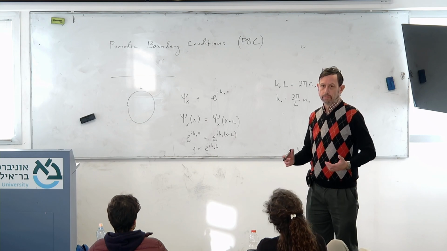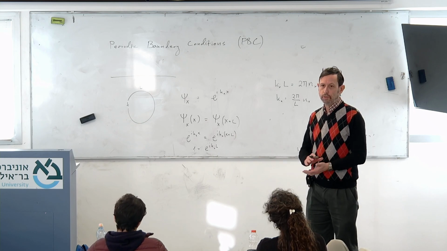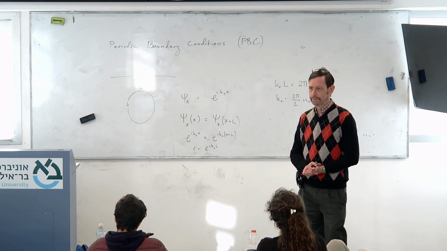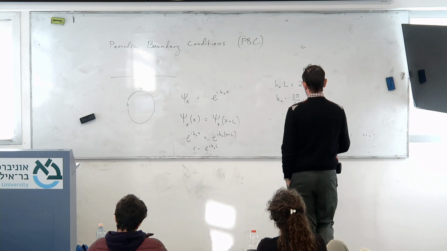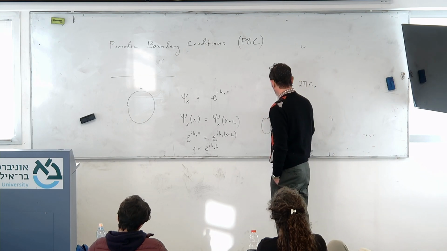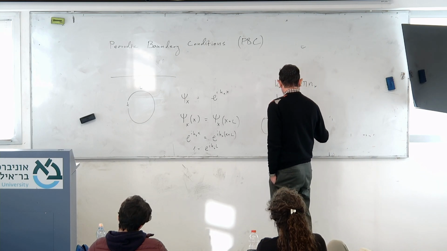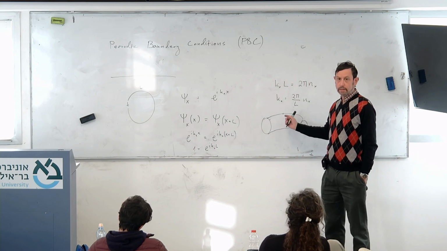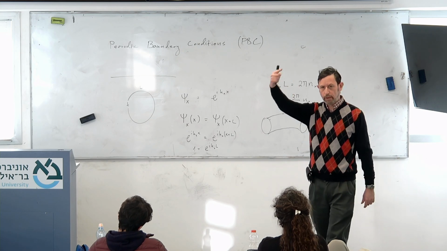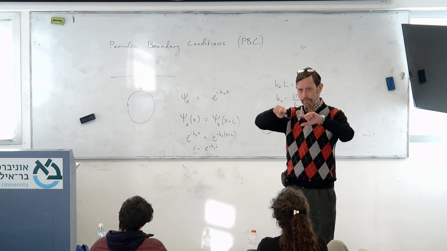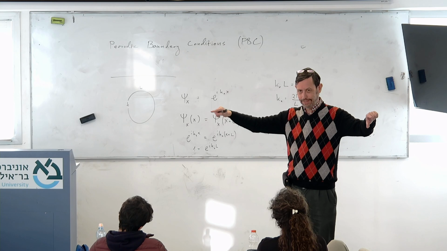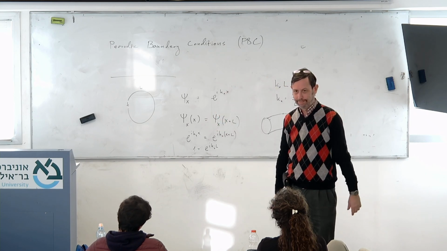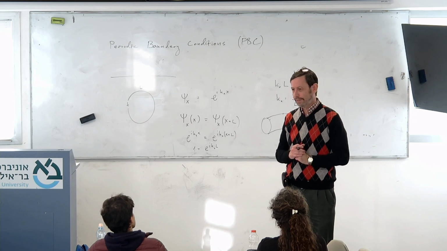Okay. Can do it also for 2 dimensions. Let's say a cylinder would have periodic boundary conditions in one direction, but not in the other direction. I connect it. I build a torus. I have it in 2 directions.